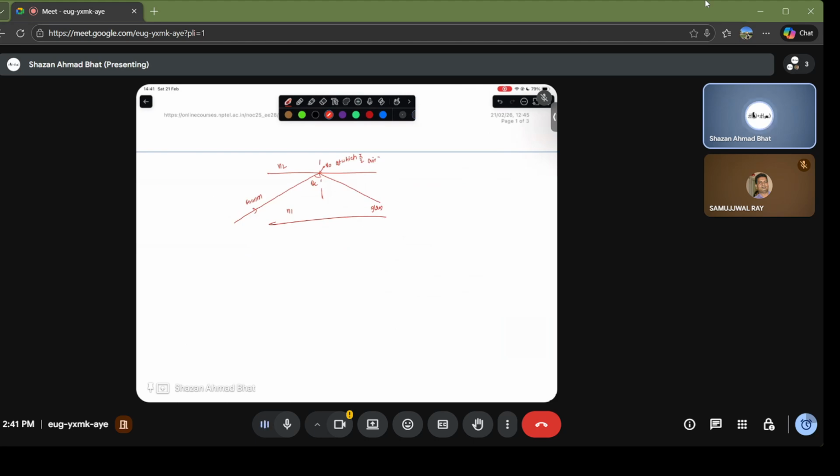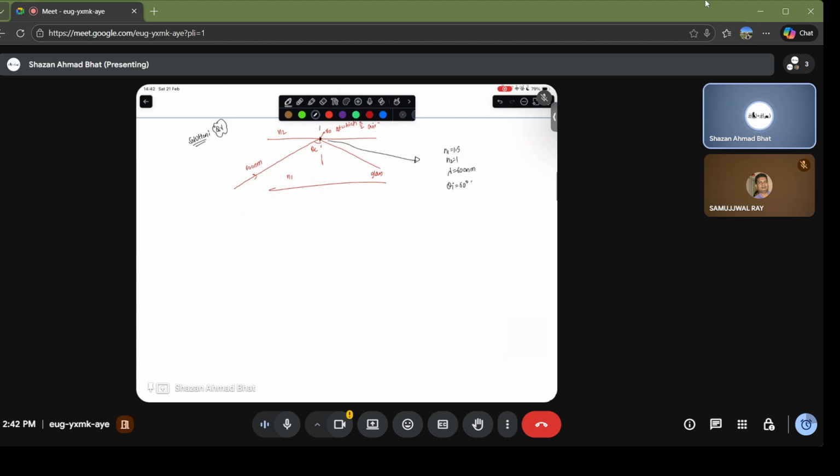This is how you can approach the solution for question 1. You are given N1 is 1.5, N2 is 1, the wavelength is 600 nanometers, and the incident angle is 60 degrees. If you apply Snell's law at this interface, you can write the critical angle as sine inverse of N2 divided by N1.